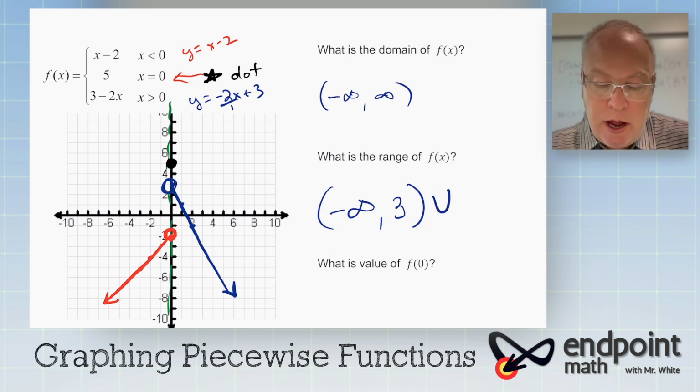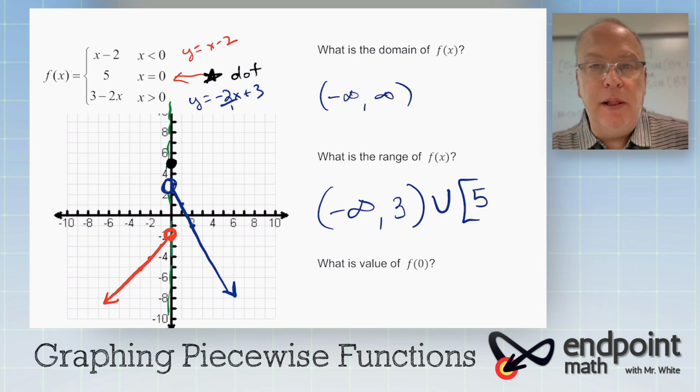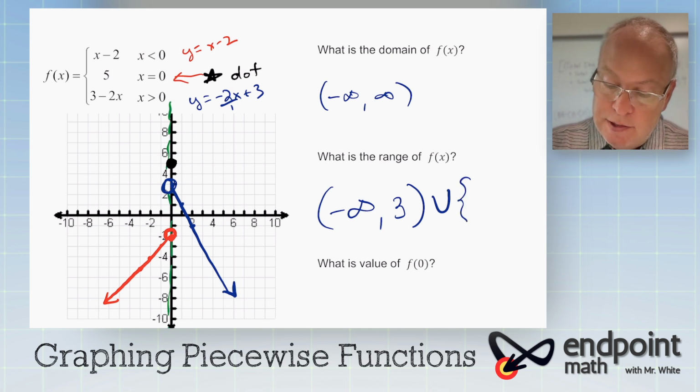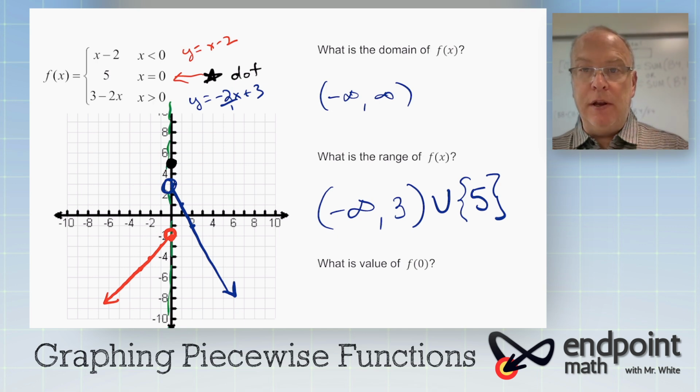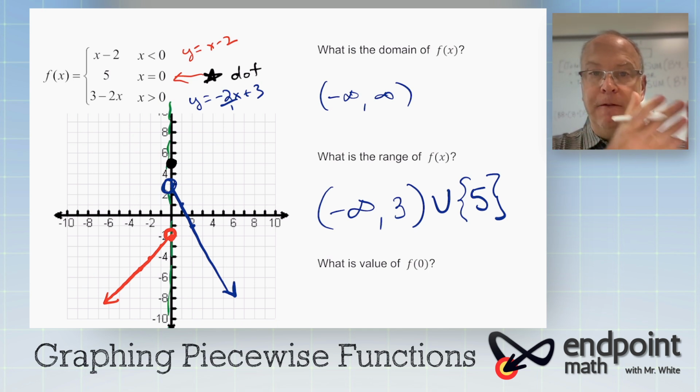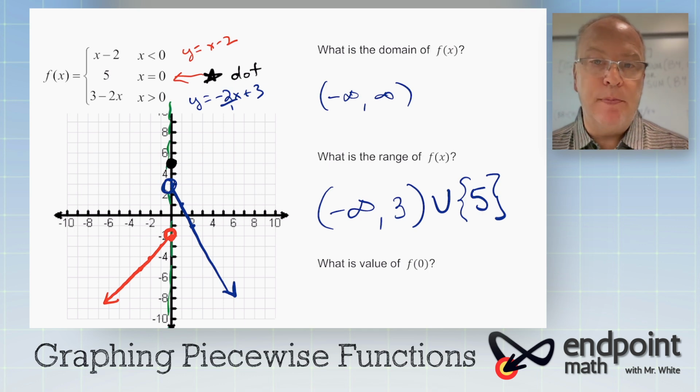We then jump to 5, and really it's only 5, right? So I'm going to put that in set notation like this. So we have all the numbers from -infinity all the way up to 3, not including 3. That's why there's a parenthesis. Union 5 as well is another output that can happen.